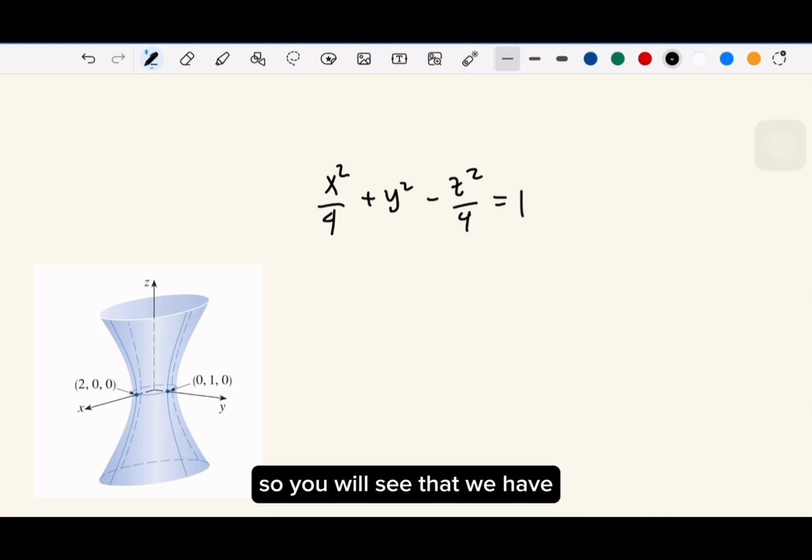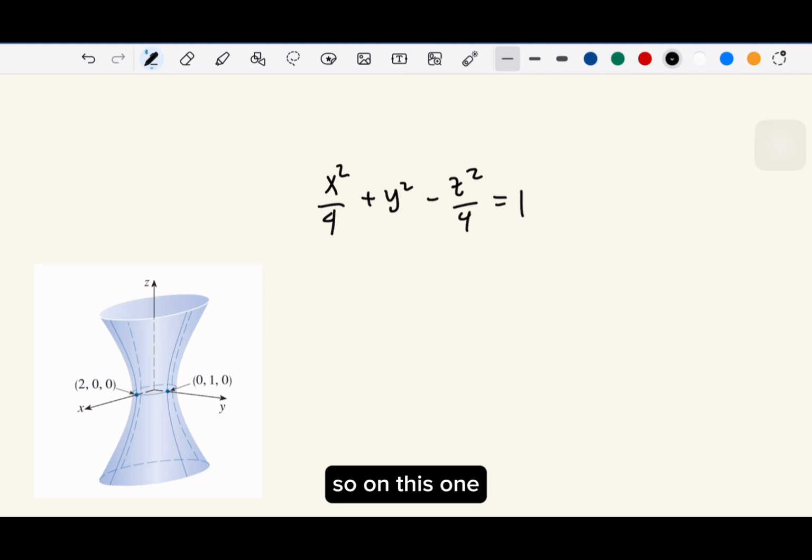So you will see that if we close one of the variables, we have an ellipse. If we close y, we have a hyperbola. If we close x, we have another hyperbola. The ellipse is on xy.